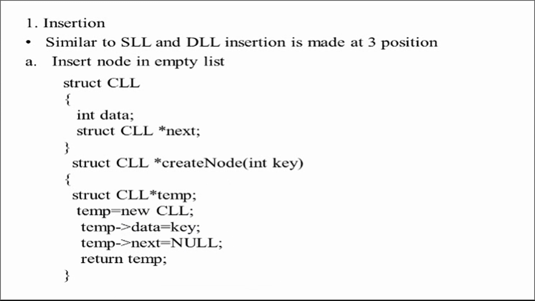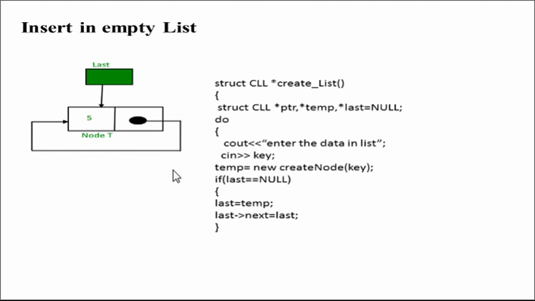Now how to insert a node into an empty list. Consider this is last, same as header, which contains the null value. Null value means there is no node in the list. Now if we have created a node and we want to insert that into the list, the node that we are going to insert will be the first node in the list.